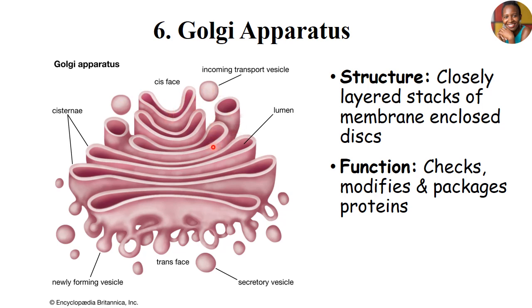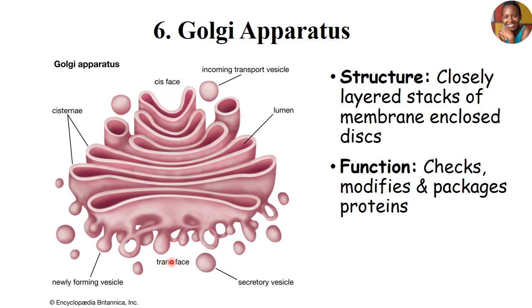Once they empty the content, our Golgi apparatus, using these cisternae and the lumens here, will cleanse, destroy any unneeded contents, and remove all the bad parts in the proteins and lipids. Then once it's done, they will repackage our materials again into new secretory vesicles. And then they will pinch off, but they will not pinch off from the cis face. They will pinch off from the trans face.